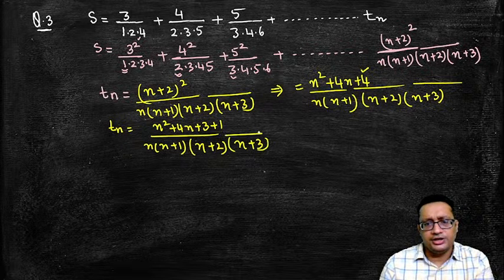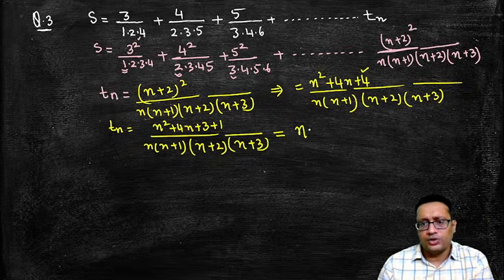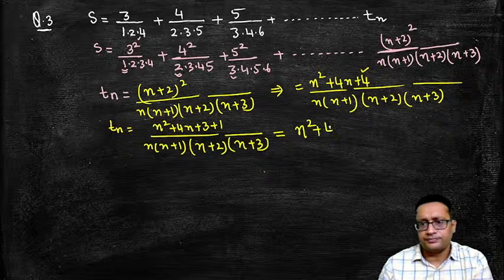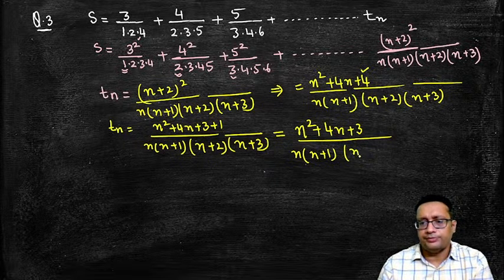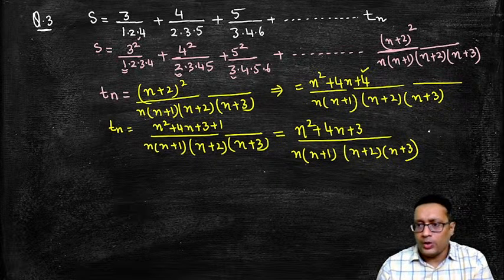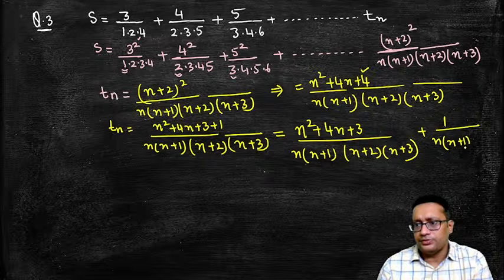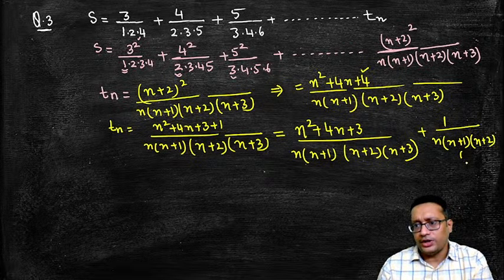Again split into two parts: n square plus 4n plus 3 divided by n(n+1)(n+2)(n+3), plus 1 upon n(n+1)(n+2)(n+3).